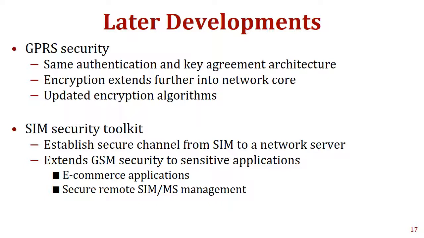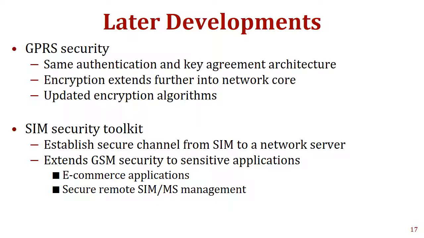So GPRS has the same authentication and key agreement architecture. Someone might think GPRS is 2.5G, and I also agree with that because they did have some new developments compared to the second generation.